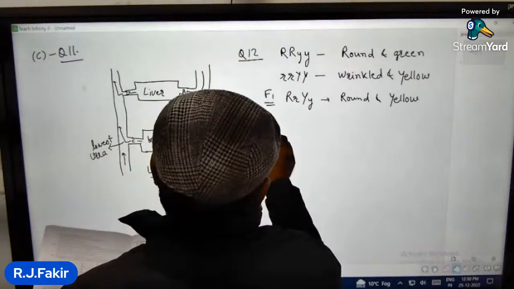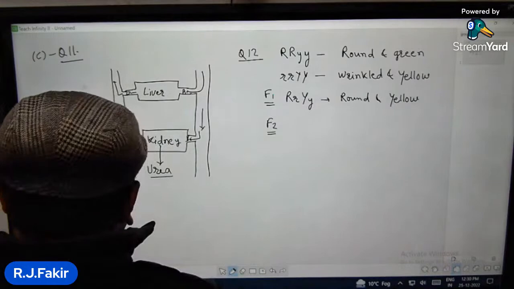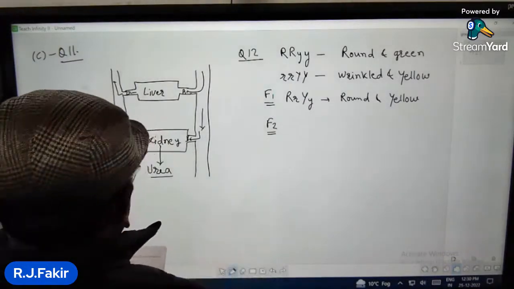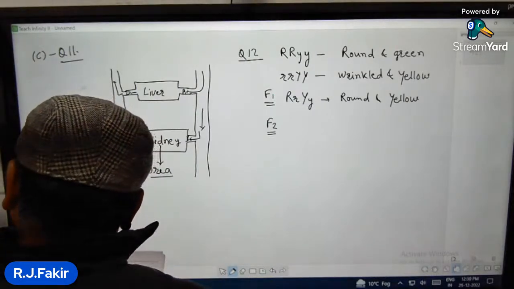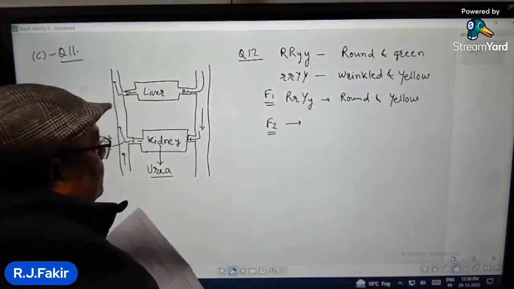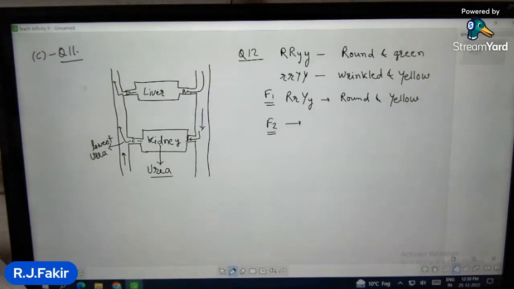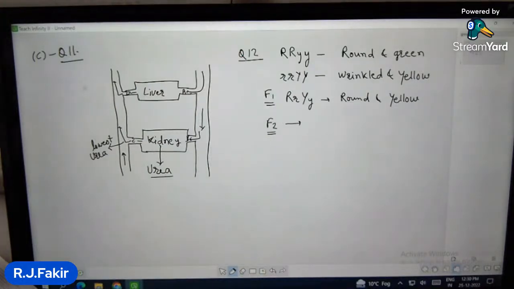And when we go to the F2, after their next generation, they self with each other for F1. So we have to say what kind of plants we are going to get in the F2 generation now: round yellow, round green, wrinkled yellow, wrinkled green, or a combination of these.